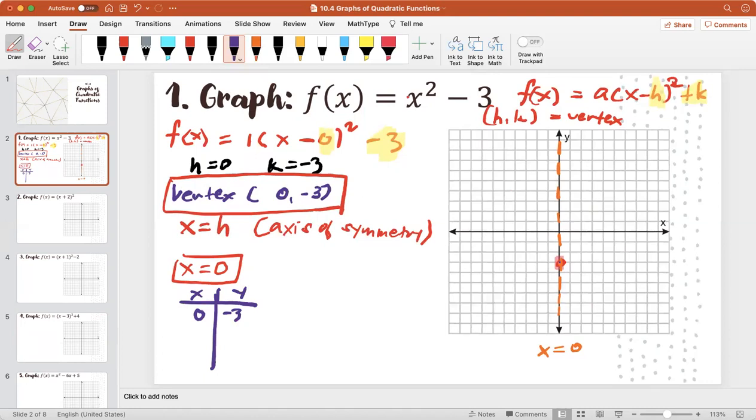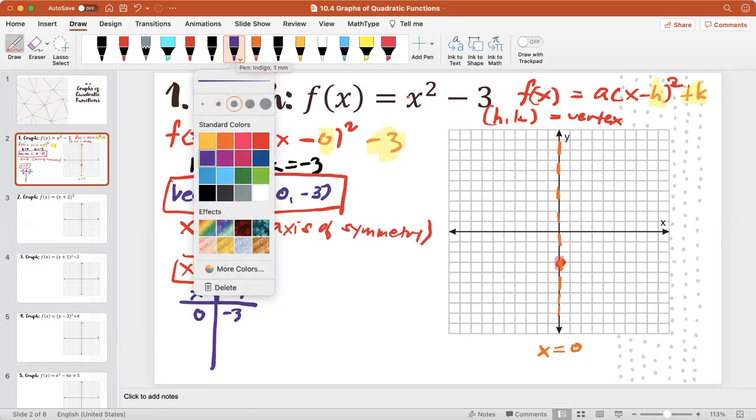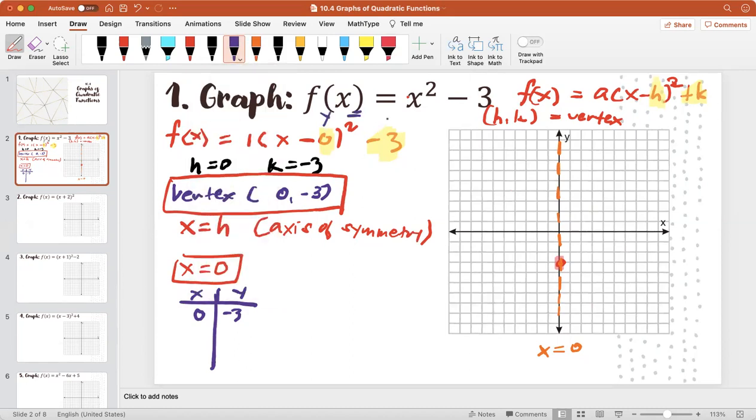Okay? And we can use the intercepts, we can use the y-intercept. How do we find the x-intercept again? Note that f of x can be written as y. And so we can write f of x as y equals x squared minus 3.